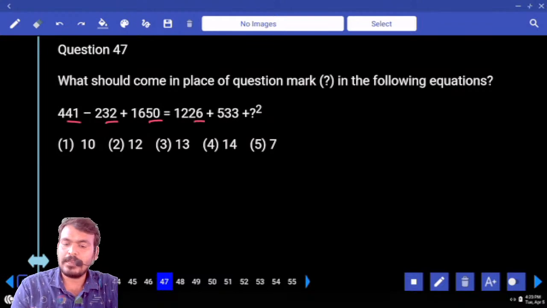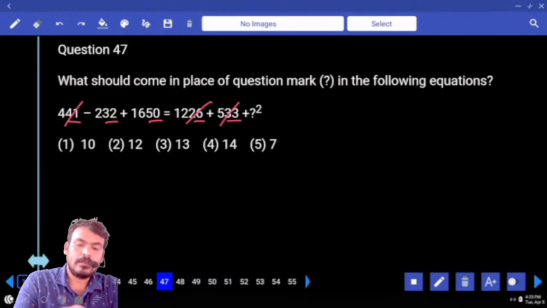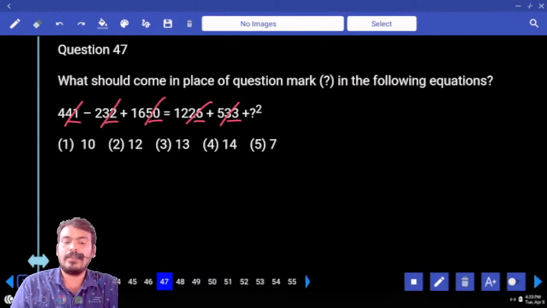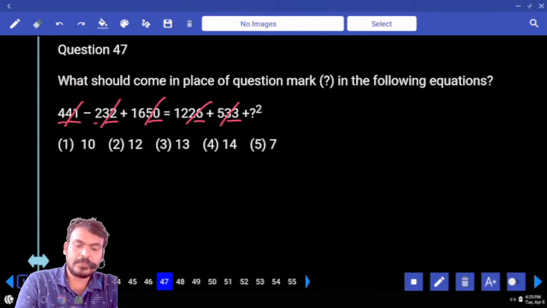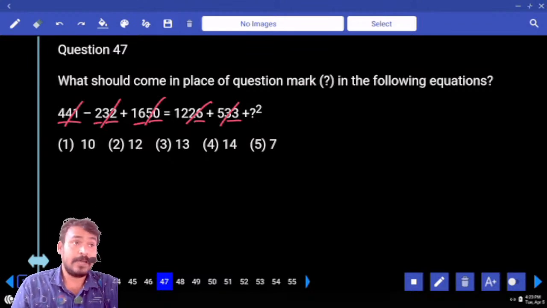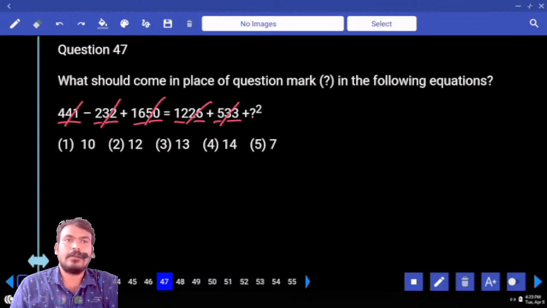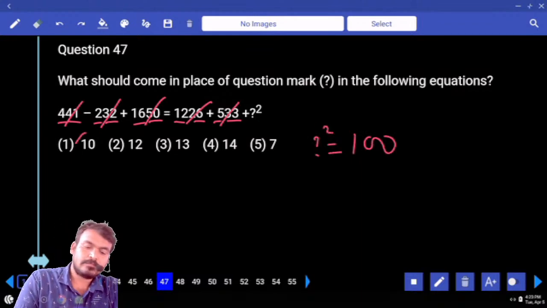What is the right hand side last 2 digits value? 59. Both are cancelled, or not? Okay. What is the remaining value in left hand side? 4 minus 2 is 2. 2 plus 16 is 18. Left hand side 18. Right hand side 12 plus 5 is 17. Difference 100, or not? That 100 equals which one square? 10 square, or not?